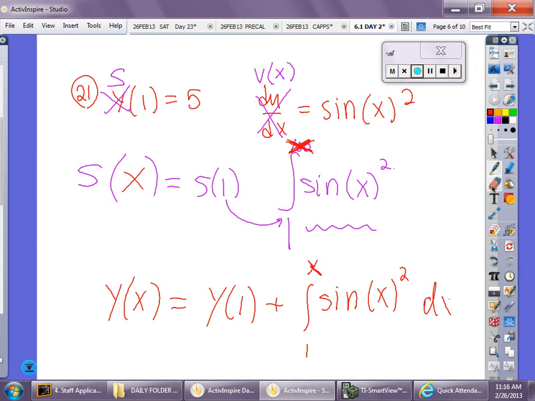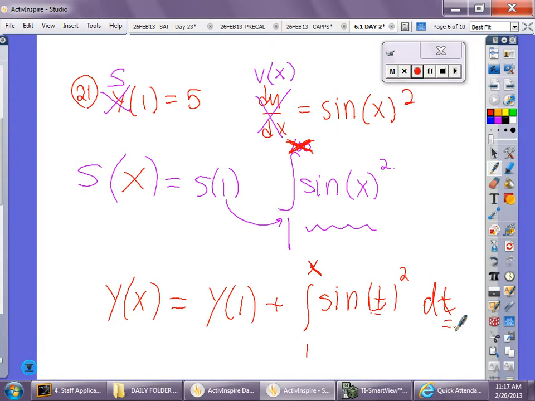And so, because of FTC in a sense, it can't use the same value. So change it. This should be a dummy variable. Pick a letter. You don't want to use x and then call this also x, which is why now I'm just changing it to t. I could change it to any variable that I choose.